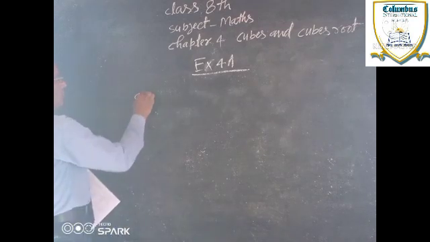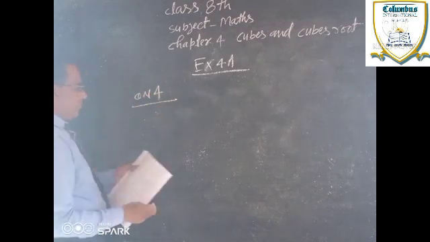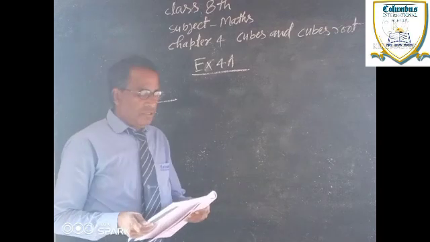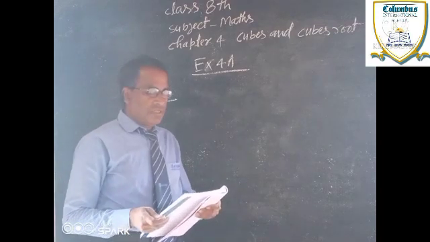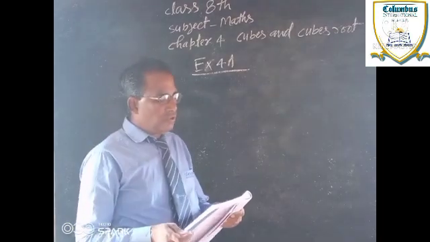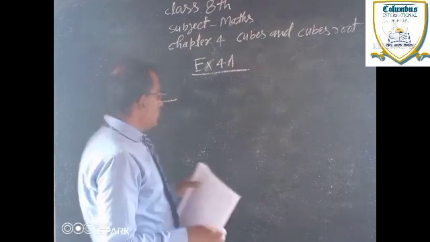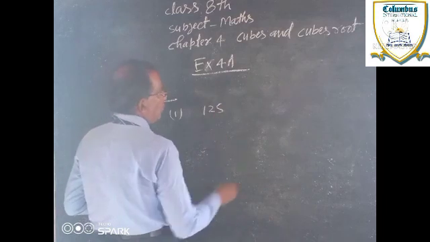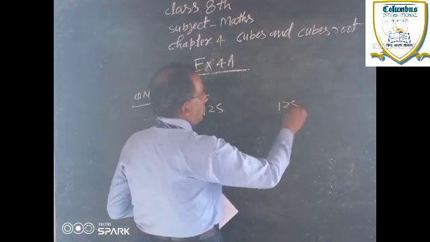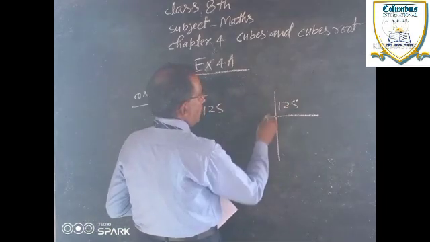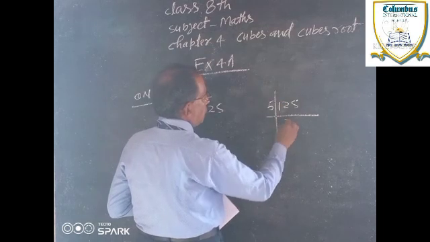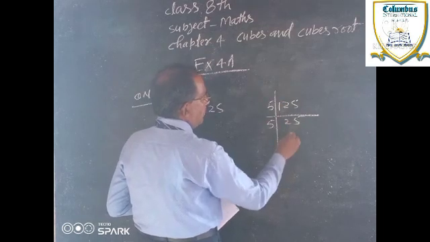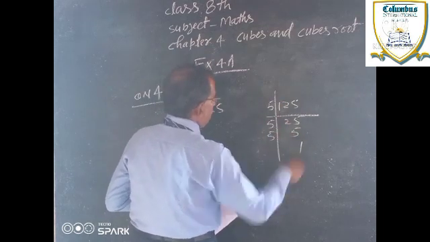Question number 4. Which of the following numbers are perfect cubes? In case of a perfect cube, find the number whose cube is the given number. Suppose the first number is 125. We shall factorize 125. 5, 25 and 5, 5, 5.